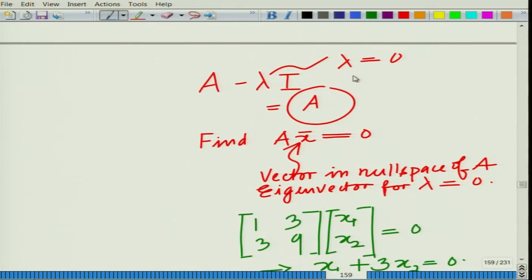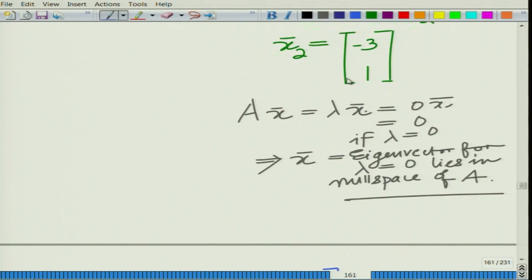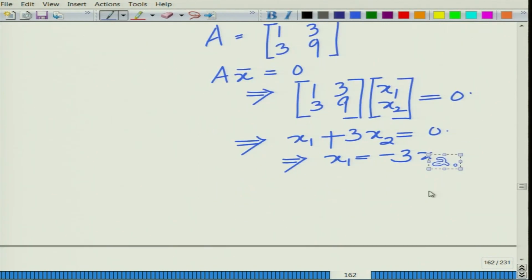Okay, I think this is essentially what we have already found, right. So this is the eigenvector corresponding, and x2 bar equal to, essentially that is what we had.